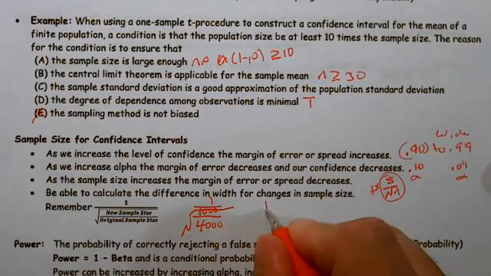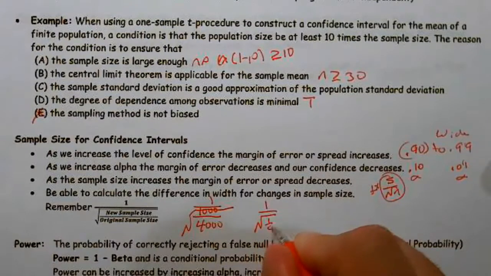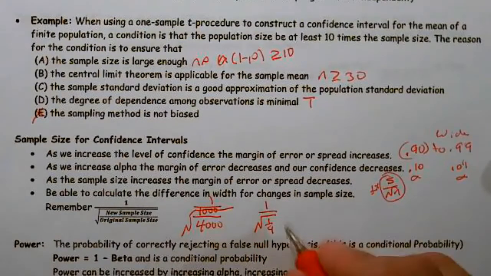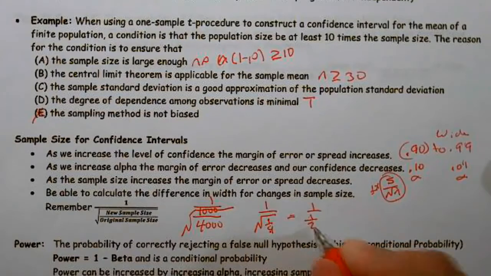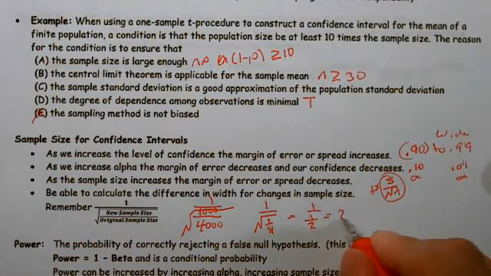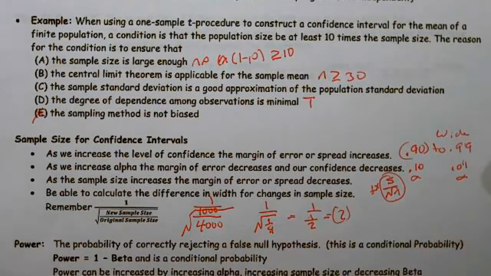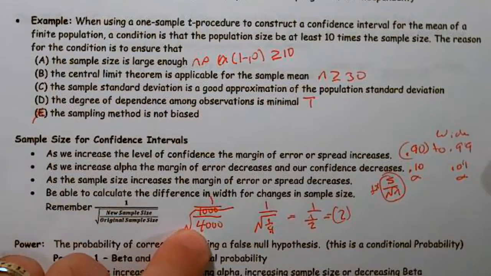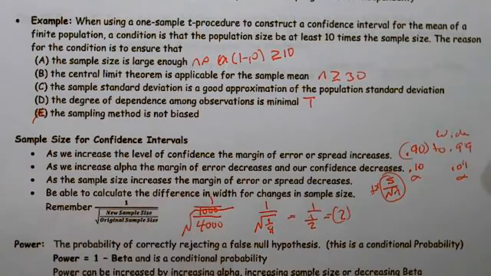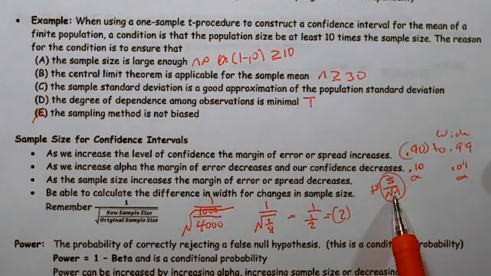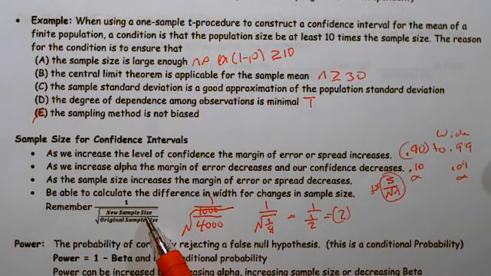Now I have 1 over the square root of 1/4, which is basically square root of 1 over square root of 4, so 1 over 1/2. In this case, if I started with a 4,000 sample size and went to a 1,000 sample size, I got twice as wide. That makes sense that I would get wider because this number got smaller, not bigger.